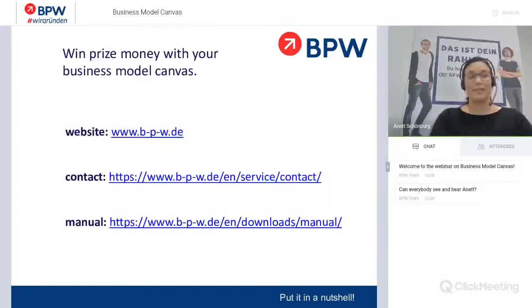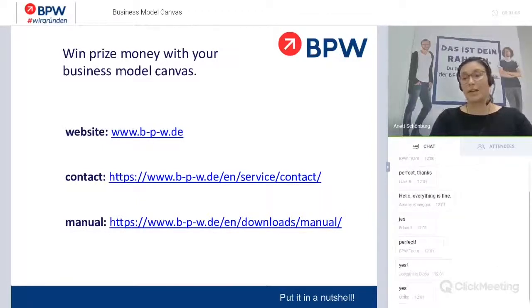Before we start with our topic today, I would like to point out that with your business model canvas, you can take part in the Business Plan Competition Berlin-Brandenburg. In 3 stages, the competition honors the best business plans with prize money. You can enter with either a classic business plan or create your plan based on the business model canvas method.